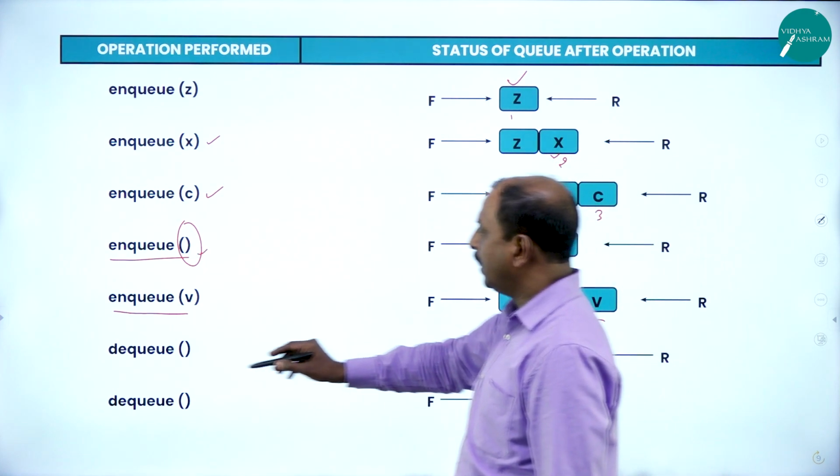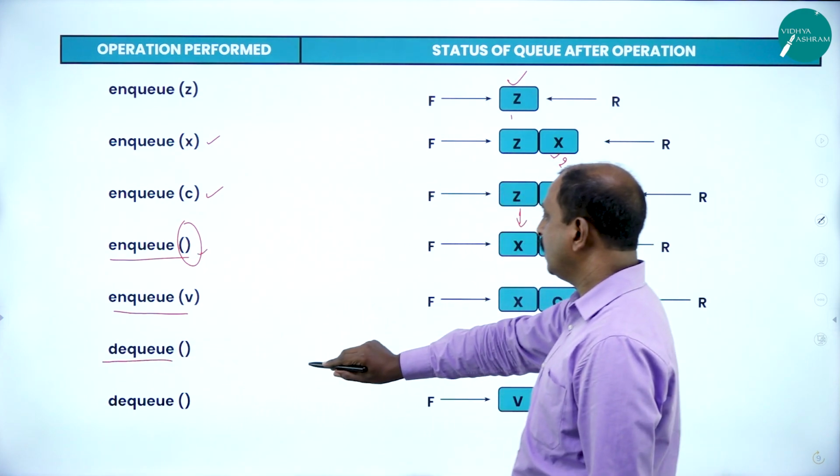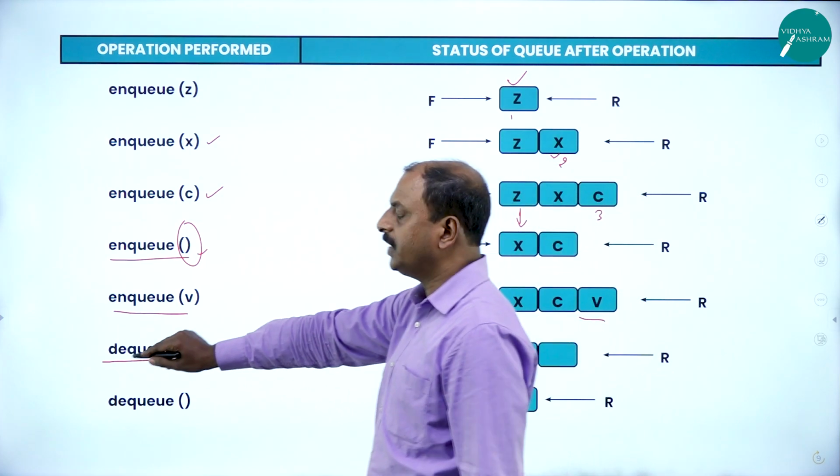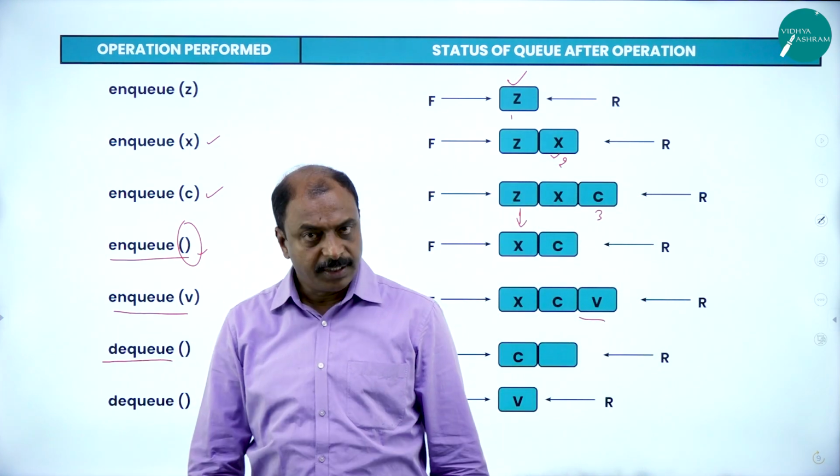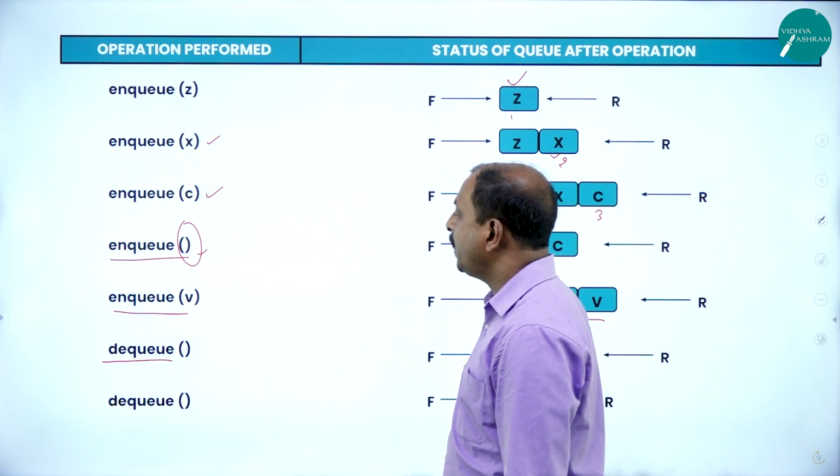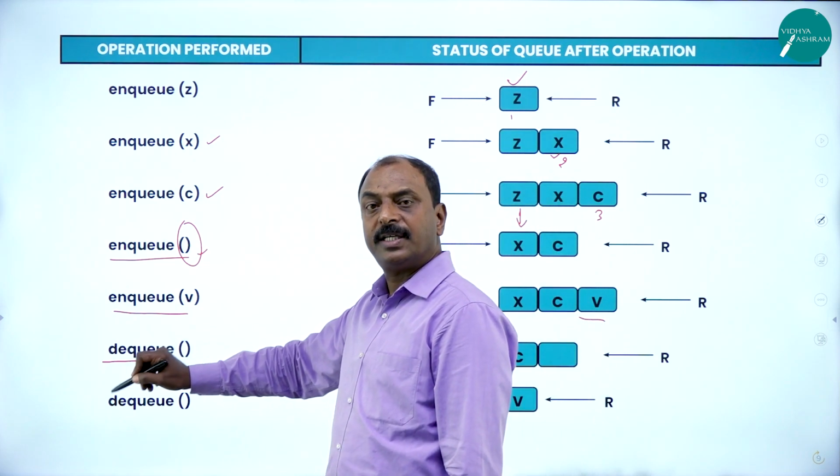Next one is the DQ function. DQ is nothing but deletion of elements from the queue, and it removes the first element that was inserted.